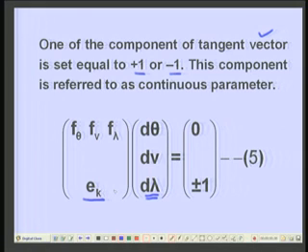Plus 1 corresponds to when you are operating on the upper part of the PV curve, and minus 1 when you are operating on the lower part. So in this reformulated equation, we now have a situation where we can compute this tangent vector.